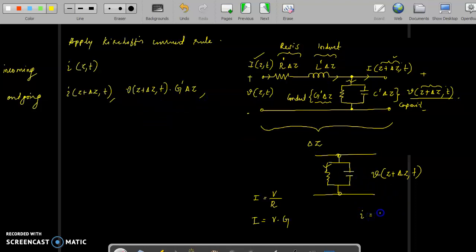I equals C times dV/dt. Similarly, I equals C' Δz times ∂V/∂t. Since the voltage is a function of z and t, we are taking the partial derivative. So this is the incoming current and these are the outgoing currents. Incoming current equals outgoing current, that is the Kirchhoff current rule.